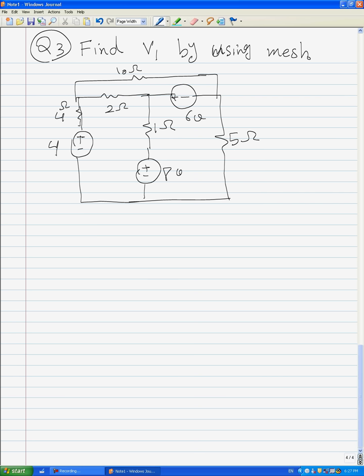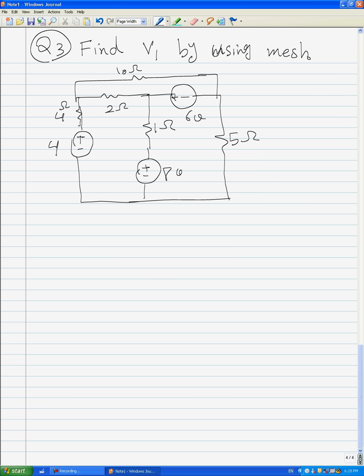Once again, if we have a current source in a circuit and we want to solve it by the mesh scheme, we should consider a super mesh.